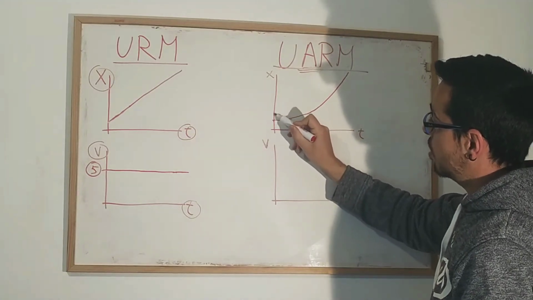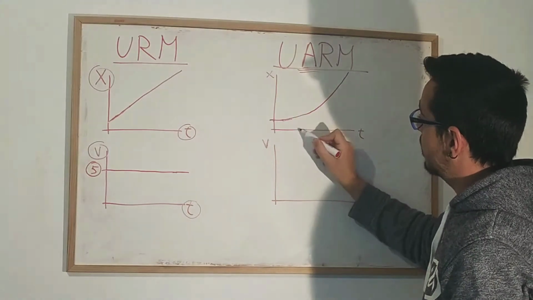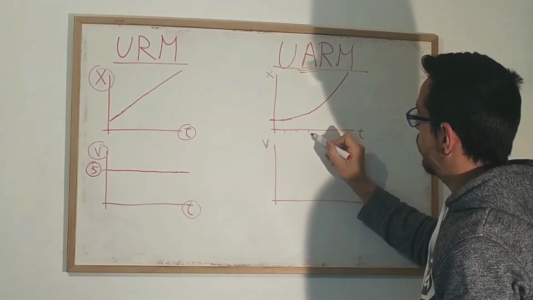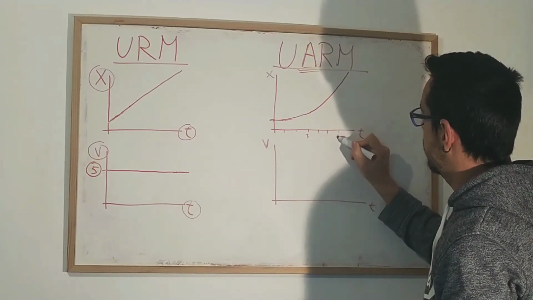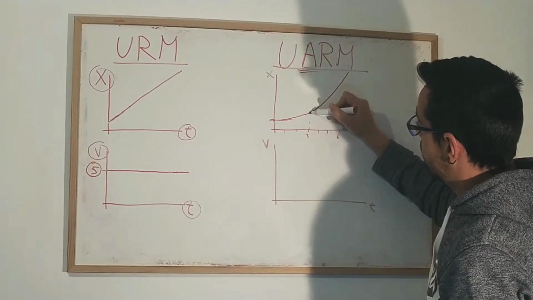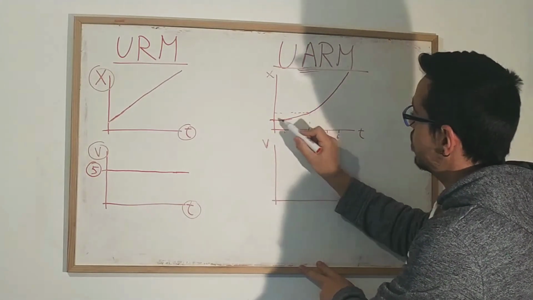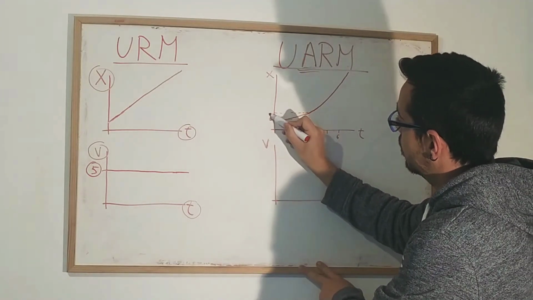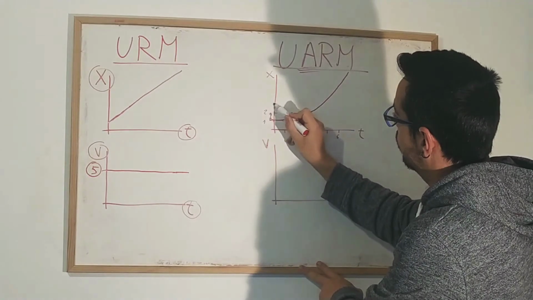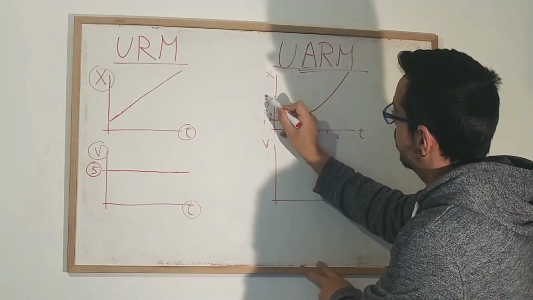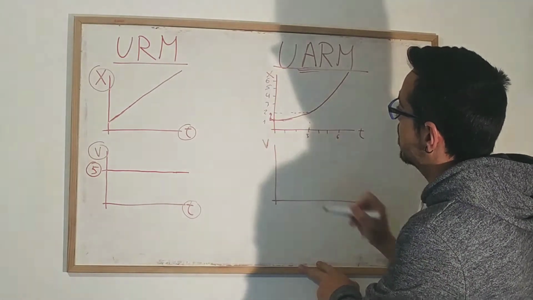The position increases, okay? But if you take a look at the 1, 2, 3, 4, 5, 6, in the first 3 seconds, position increases, I want to say 1, 2, 3, 4, 5, 6 meters.